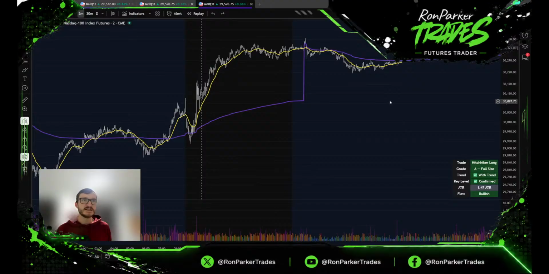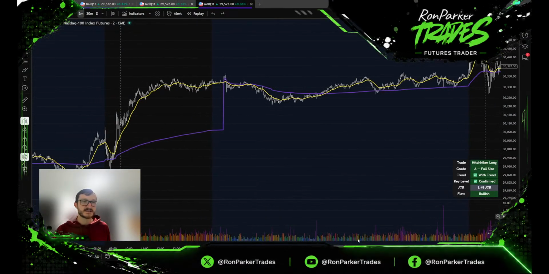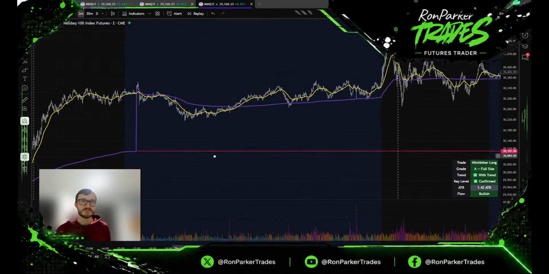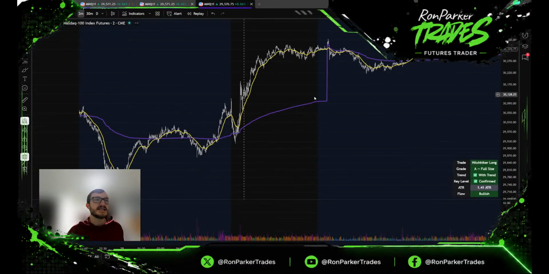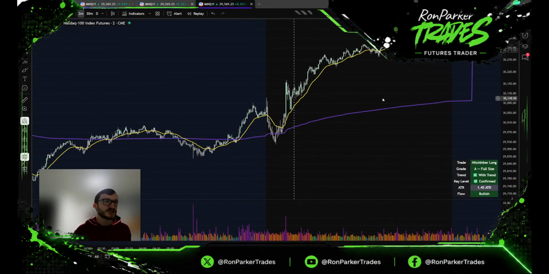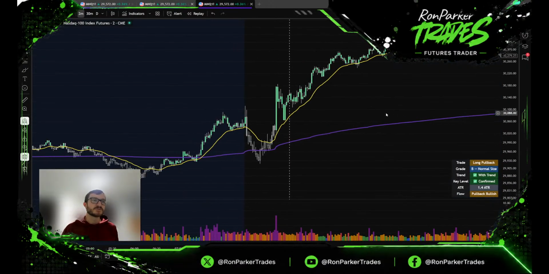Honestly, this really held up pretty sideways and never came back to VWAP for this session, nor for multiple days. So keep that in mind. It's a magnet, but it's not a sure thing. Just because price is trading towards VWAP doesn't mean we're guaranteed to get a touch of it. That's not how it works. But you can use it as a dynamic support and resistance.